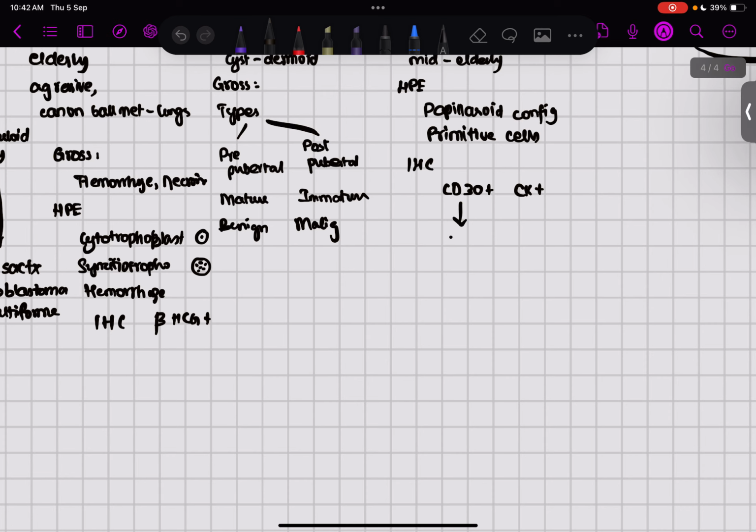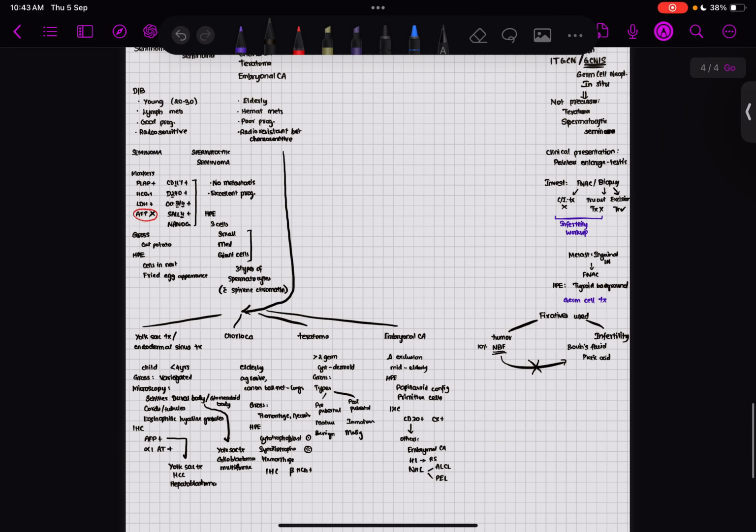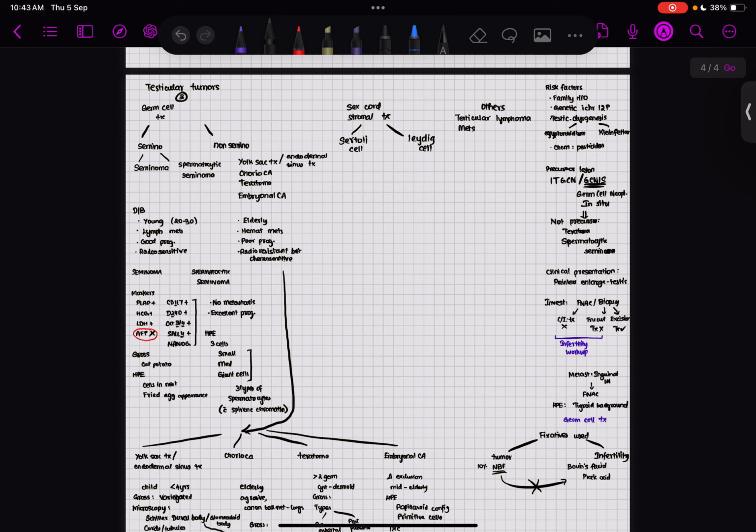The other places we see CD30 positivity are the current topic embryonal carcinoma, also Hodgkin's lymphoma with Reed-Sternberg cells and non-Hodgkin lymphoma, anaplastic large cell lymphoma, and primary effusion lymphoma. With this, non-seminomatous tumors are over.